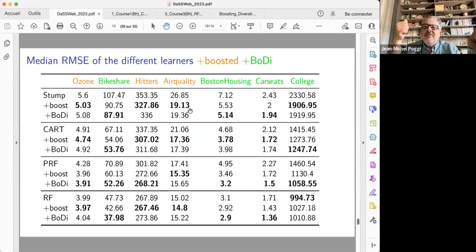The first is to confirm that in many cases you could improve. It is not completely evident that improving diversity gives you better results in terms of prediction. What is interesting is that it seems to be the case in some situations which are quite different.